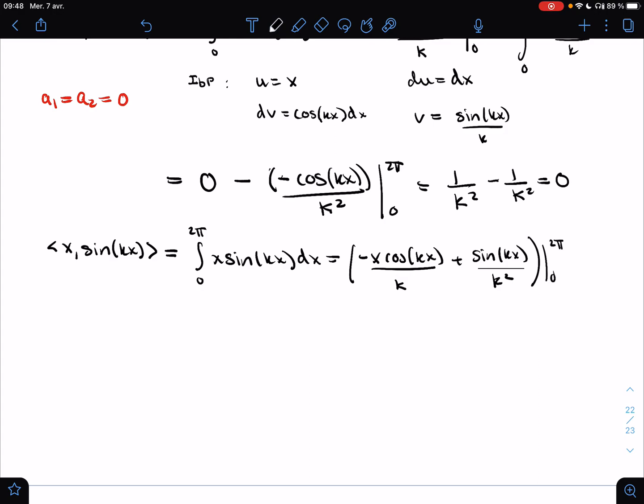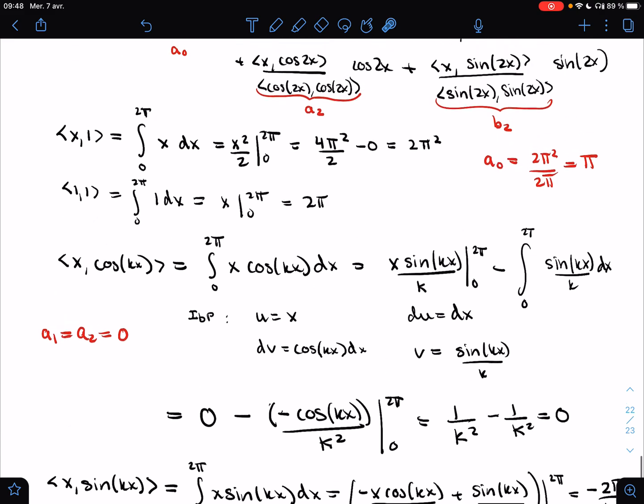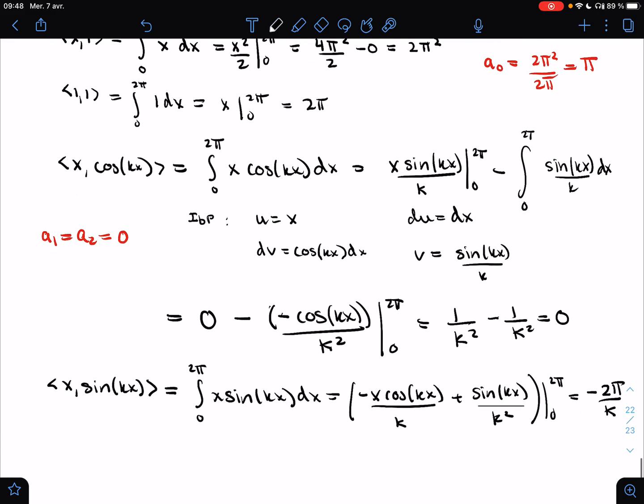So I've skipped ahead here, and if you plug it in, you should get minus 2 pi on k. It isn't 0, which is good, otherwise this approximation would be very boring, but that means we do have to compute these. So let me compute them in general.